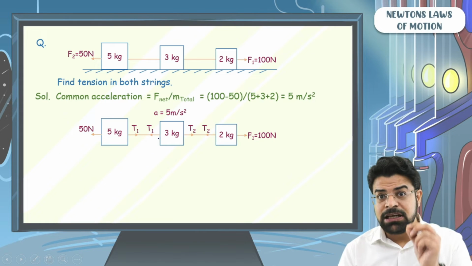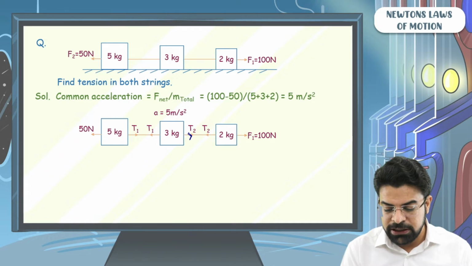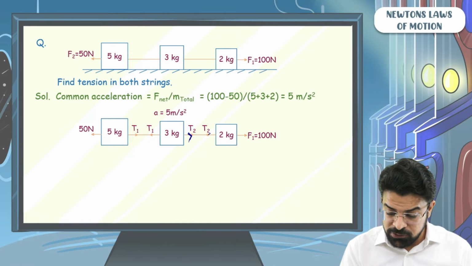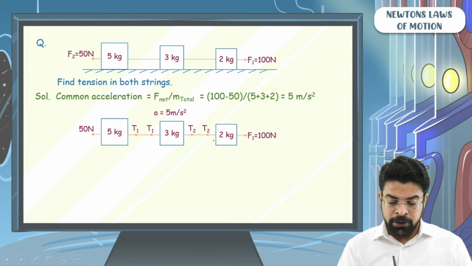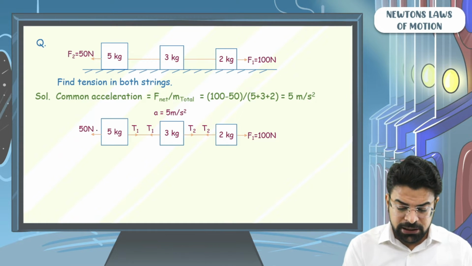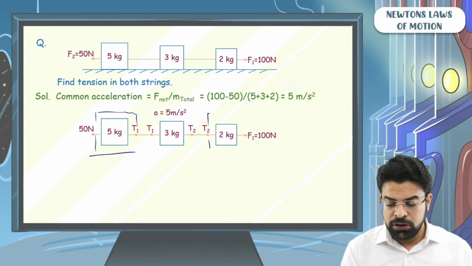Similarly, the tension in the second string will try to pull the 3 kg block towards itself, and also the 2 kg block towards itself. That's why the arrow marks are made. To find the tension, either we can look at the 5 kg block or at the 2 kg block.